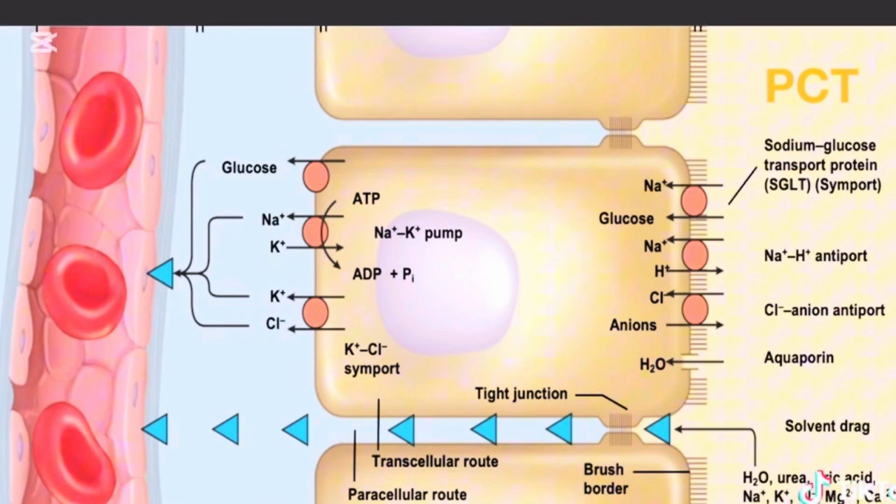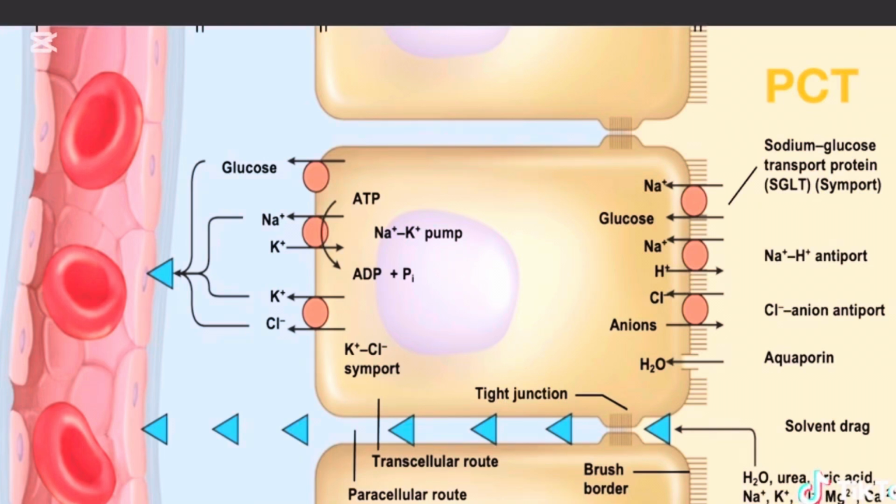So together, these proteins, transport protein channels and sodium potassium pump, enable both passive and active transport, and that is how they ensure that the majority of the valuable molecules are reabsorbed efficiently, while waste products and excess substances remain in the filtrate. And not to forget, you will see the tight junction label in the diagram.